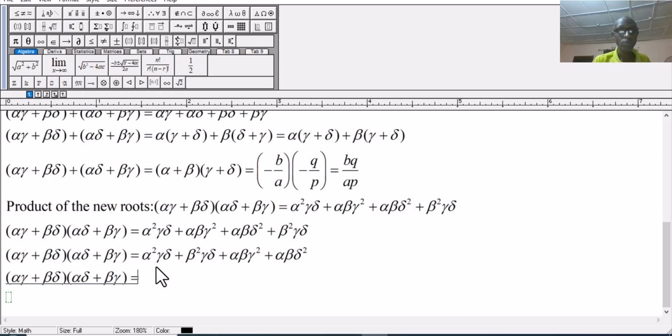So now we have gamma delta times alpha squared plus beta squared, then we have alpha beta times gamma squared plus delta squared. So that's it. We have been able to factorize, so it's easier for us.